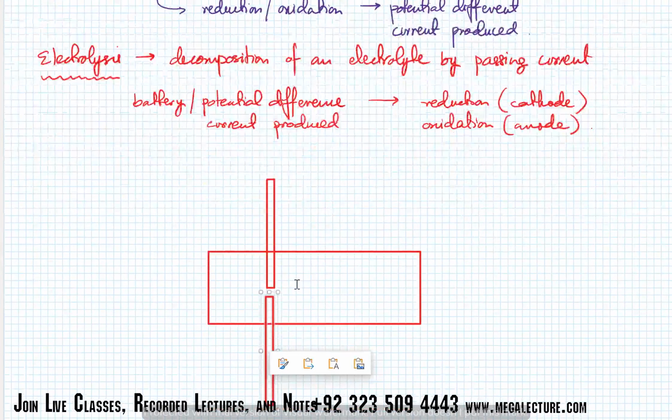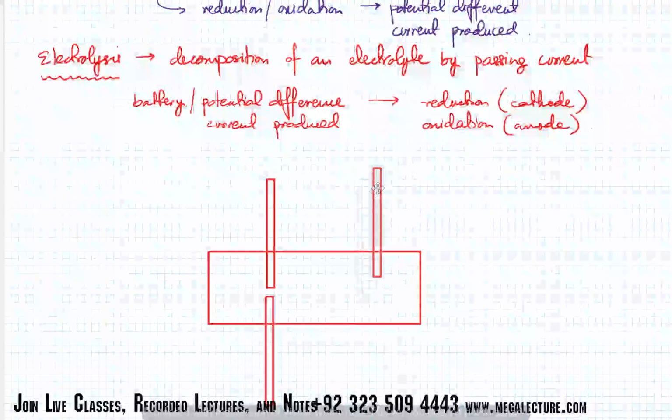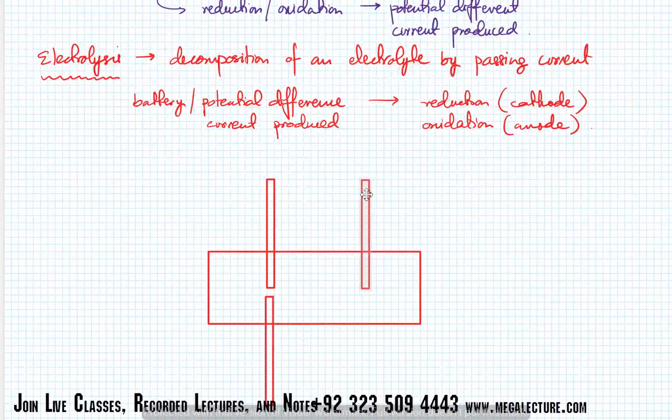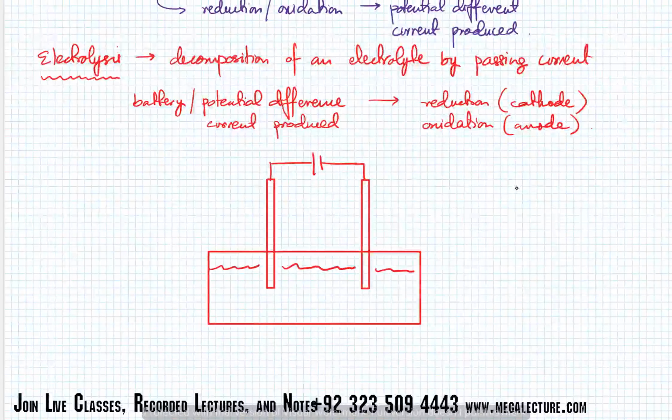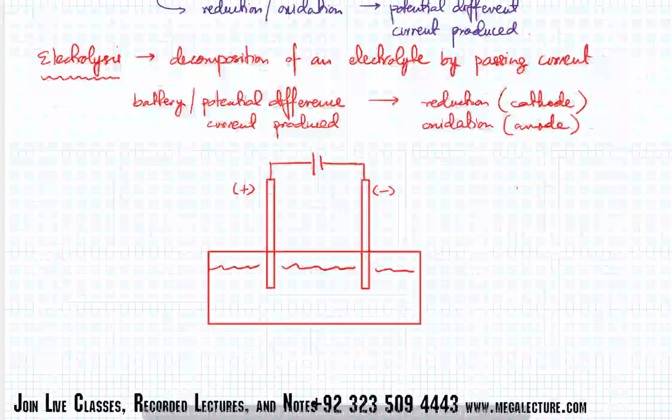So one electrode here, one here, and between them there's a battery. And hopefully you know this: this is the negative terminal and that's your positive terminal.